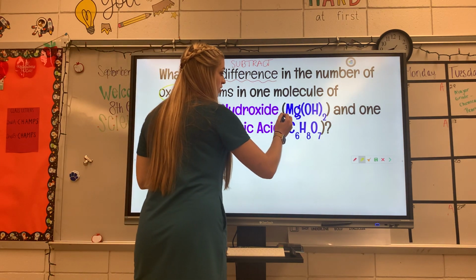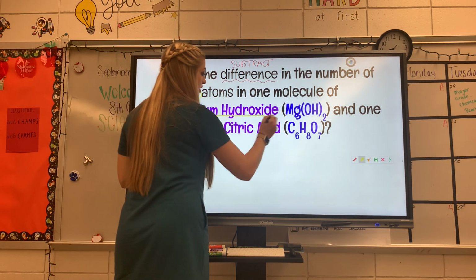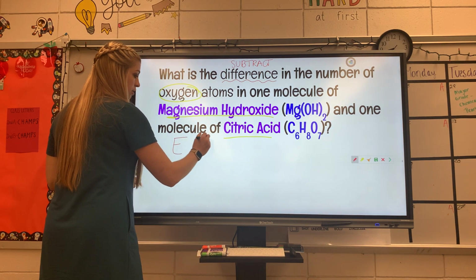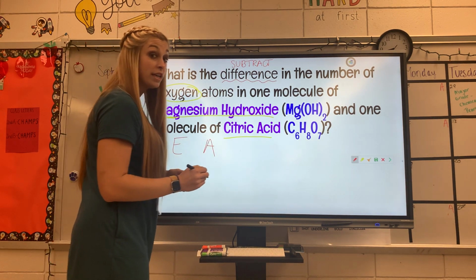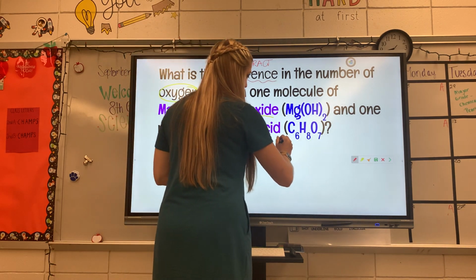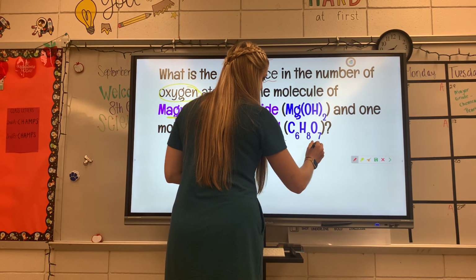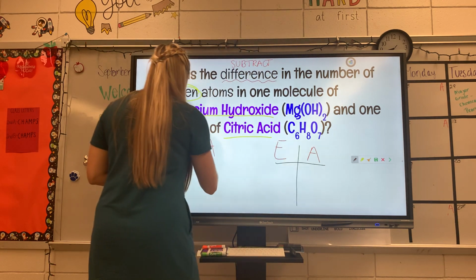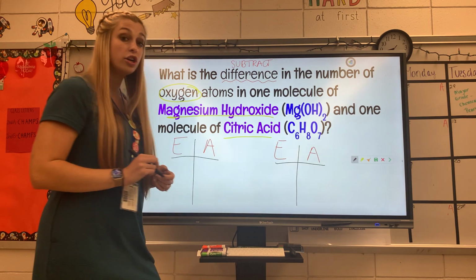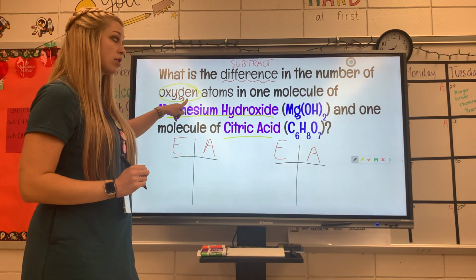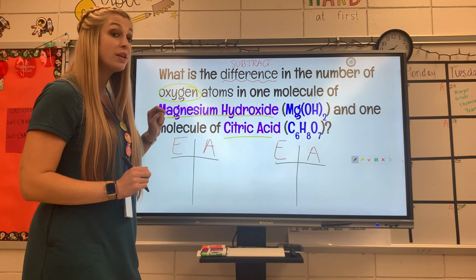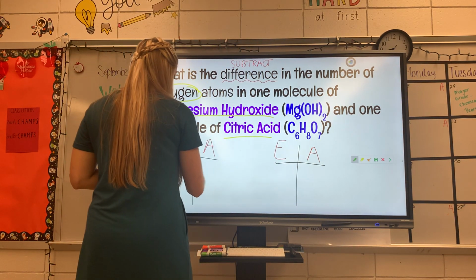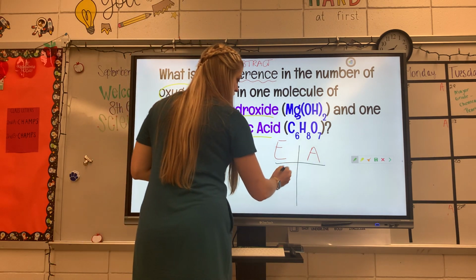For magnesium hydroxide and citric acid, I am going to make 2 EA charts. We need 1 EA chart for each element. But the good news is I only need to focus on oxygen. So that's the only element I'm looking at, which means I'm going to put oxygen on each side.